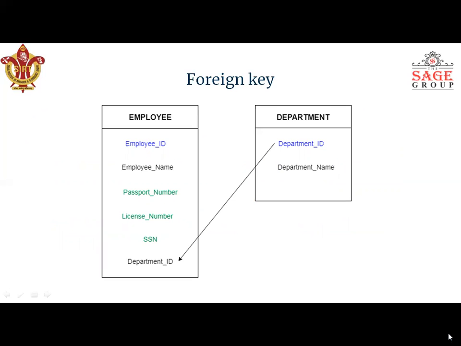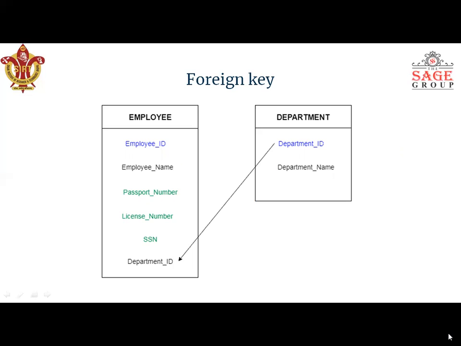The employee table has employee ID, employee name, passport number, license number, social security number, and one more attribute, department ID. And we have another relation, department, which contains the department ID and department name. If we want to join these two tables, the common attribute is department ID.